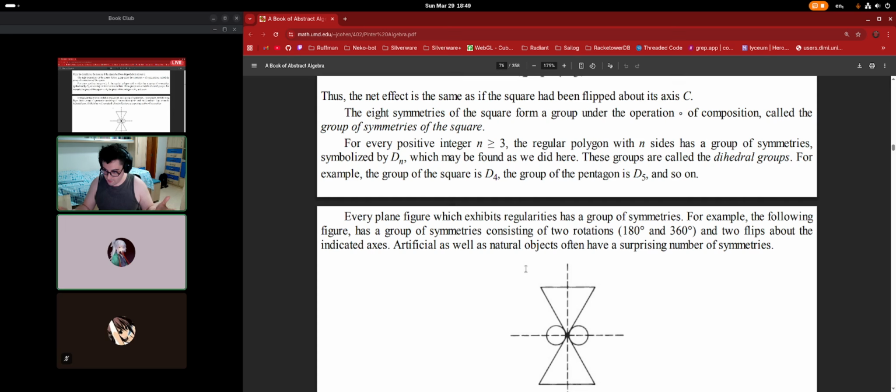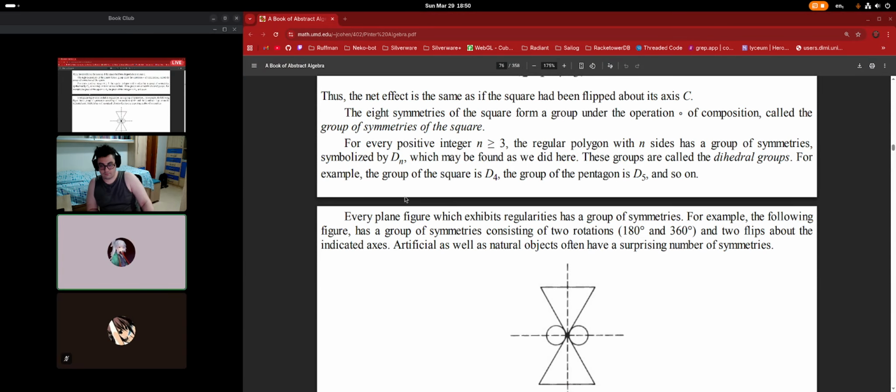So there must be a reason, right? But a rectangle is not a regular polygon. Well, sure, but if it's not a regular polygon, why are we talking about the rectangle in the exercise? Oh, because it's an exercise. But the point is, there is a group of symmetries for a rectangle, but it's not a dihedral group because a rectangle is not a regular polygon in general. That makes sense.